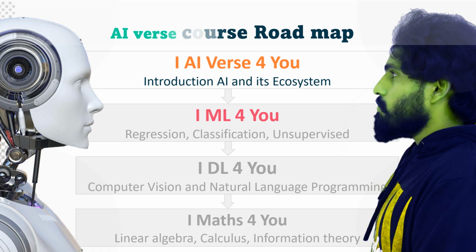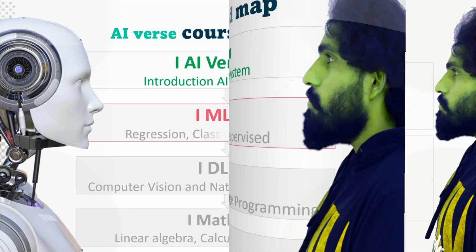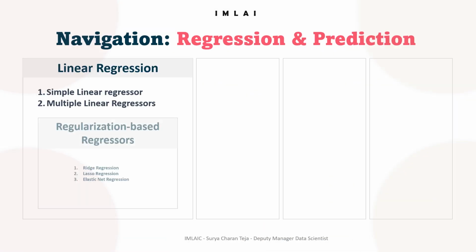This is about understanding the supervised machine learning process. Then we will get into regression tasks, classification task algorithms, and unsupervised algorithms in machine learning. That's what is in the pipeline for us.